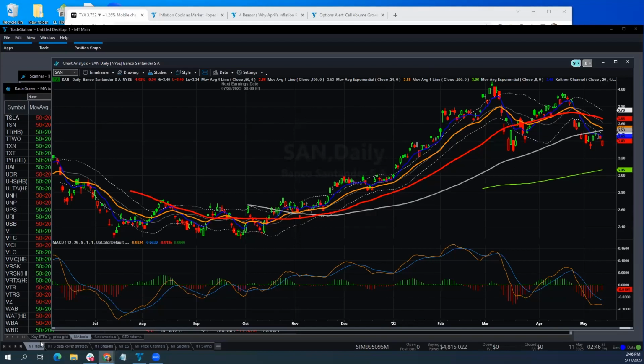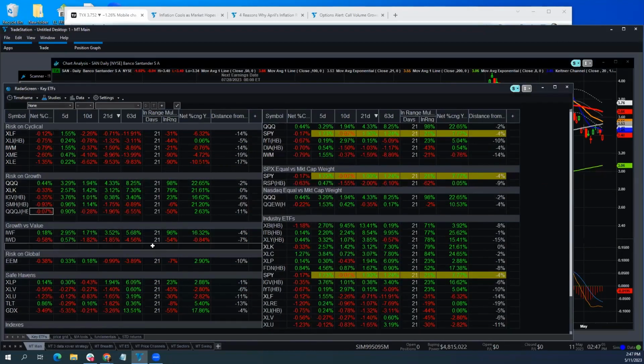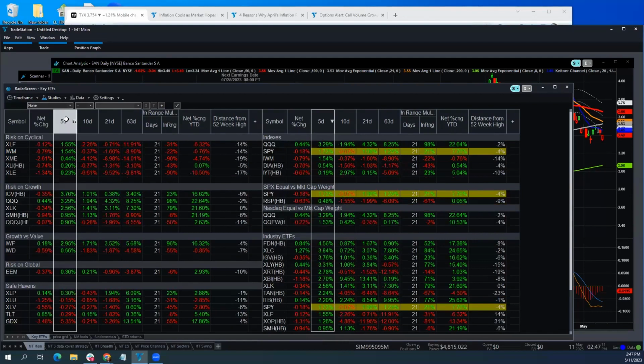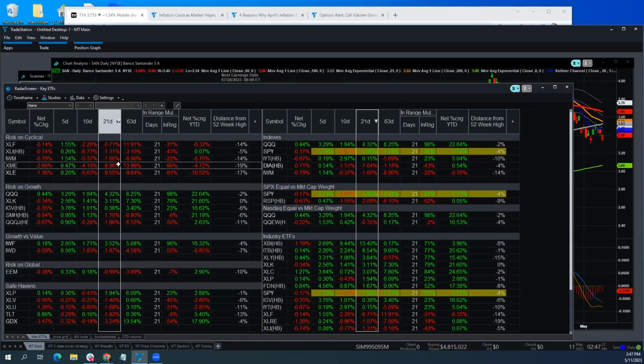Let's just quickly zip through some of the things that we're seeing here. I want to quickly go to my radar screen. Some of the things that are popping out in this normal sort of analysis: like I mentioned, it's interesting to see the financials up, but when you look at any longer time frame, they're all just coming off lows.